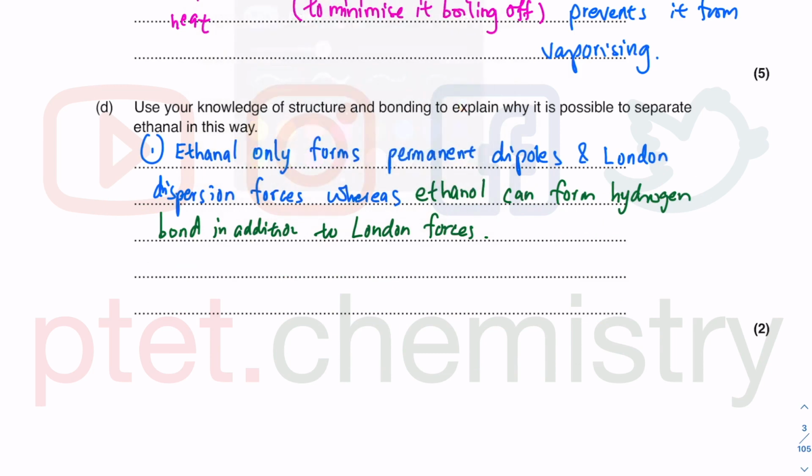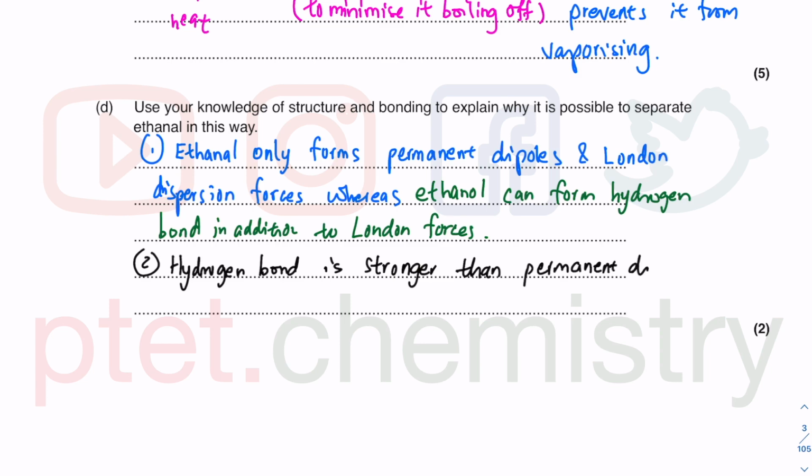You have to justify it by talking about how hydrogen bonds require much more energy to break, because hydrogen bonds are stronger than London dispersion forces and permanent dipoles, as the strongest intermolecular forces between ethanol molecules. Stronger than permanent dipoles, therefore they require much more energy to break, and therefore the alcohol has a higher boiling point.